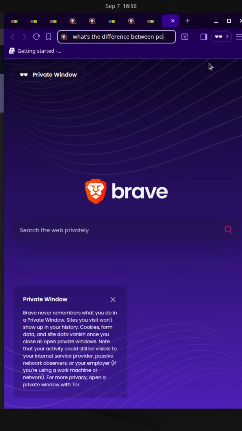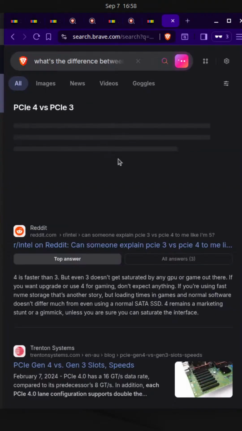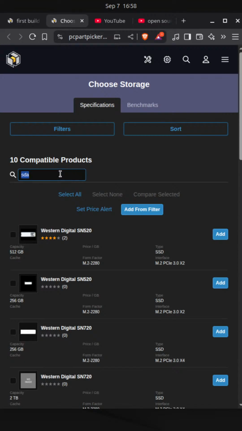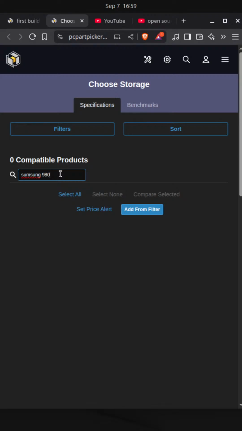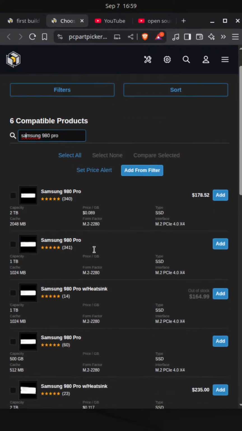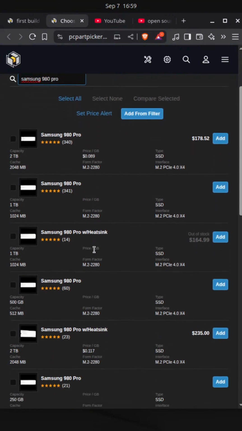What's the difference between PCIe 4 and PCIe 3? Is that a thing? Okay. Is this compatible with this? Samsung 980 Pro? Cool, it's compatible.